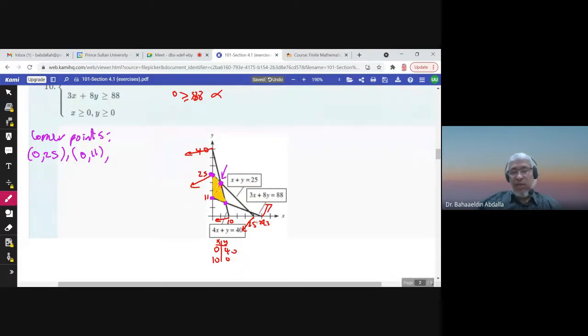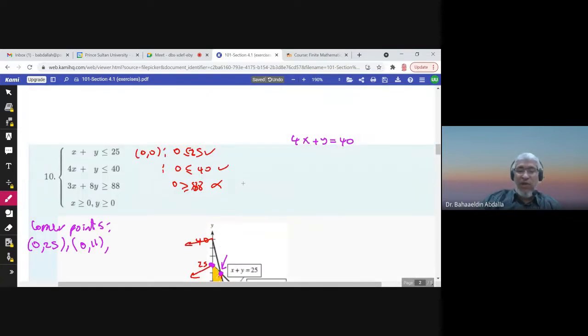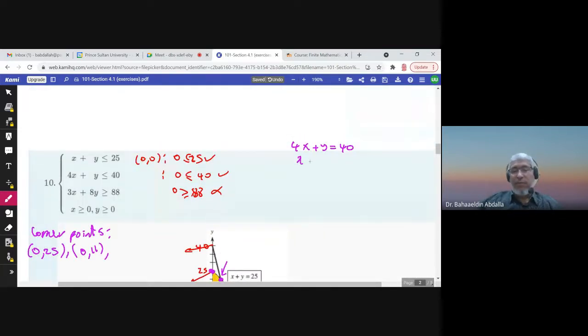It is this line, which is x plus y equals 25. So I can just multiply the second equation by negative 1. So it would be negative x negative y equals negative 25, and adding, I will get 3x equals 40 minus 25, which is 15.